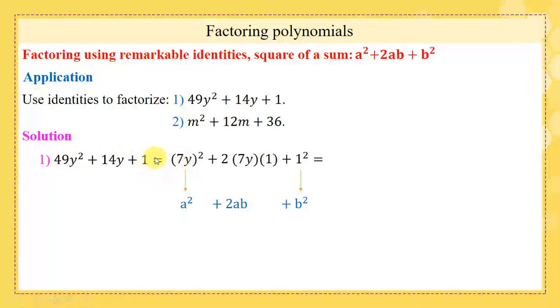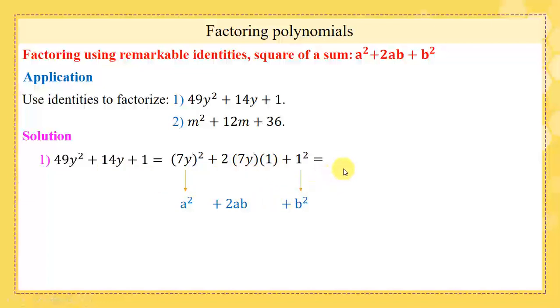The other term is 1, which is a perfect square already. 1 squared equals 1. Now we get that a squared is (7y) squared, so a is equal to 7y, and b squared is 1 squared, so b is equal to 1. So 2ab is 2 times 7y times 1, which is 14y. Now we can apply the first remarkable identity directly.